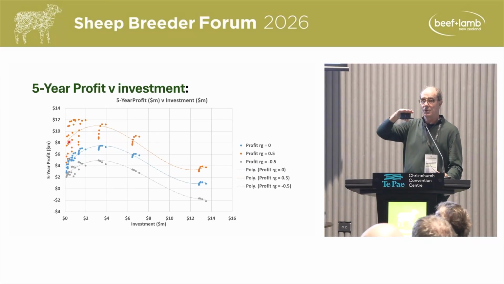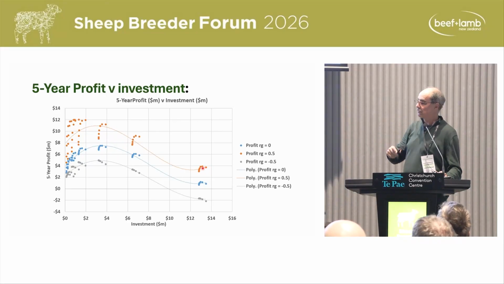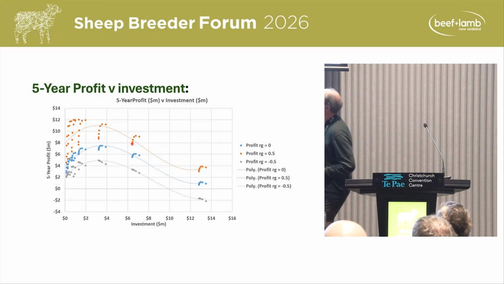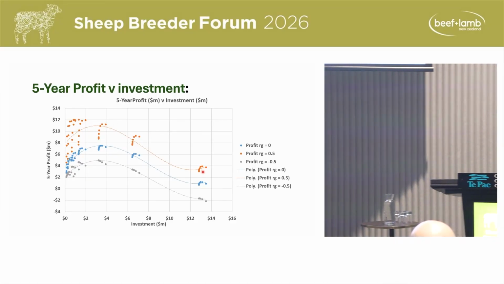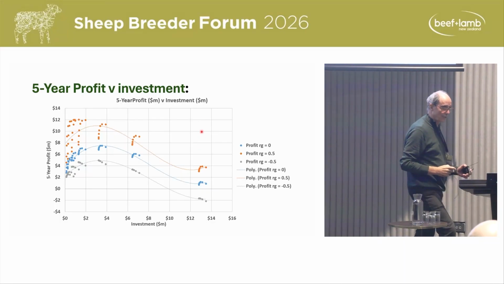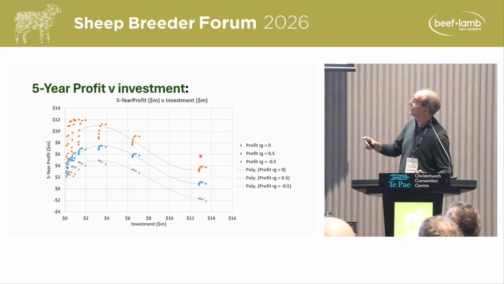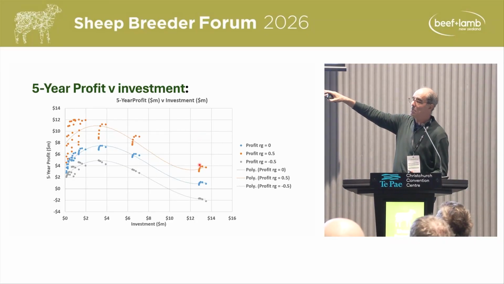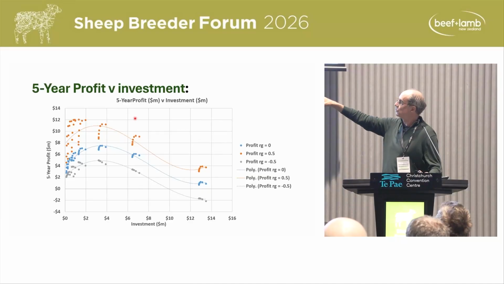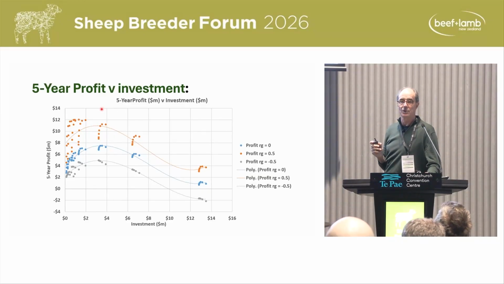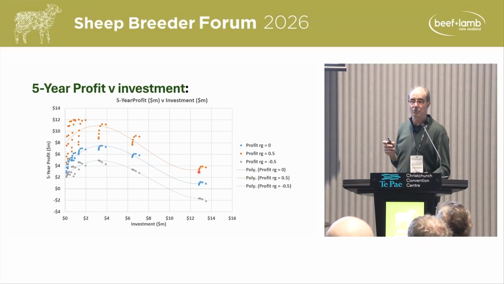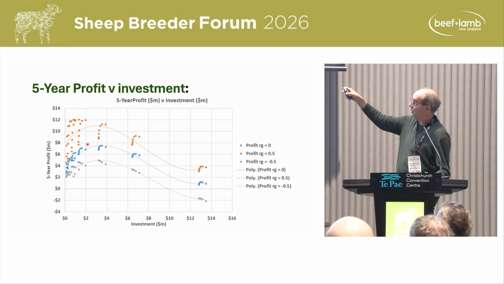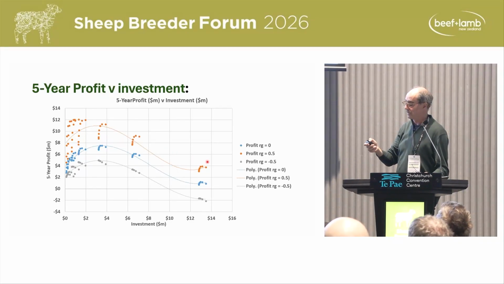But the important point there is that there's a curve, there's a point of maximum profit, and you can see that it's not exactly the same for the three different genetic correlations. But nevertheless, for this set of parameters, it's saying that our optimal level of phenotyping is when we're spending around $3 million a year on phenotypes, okay? So the point is there is a maximum and we can find it.